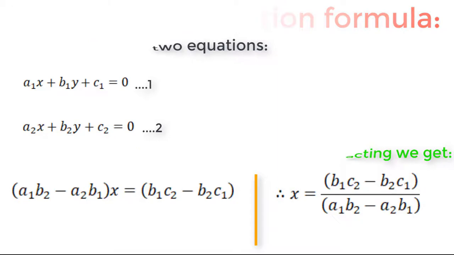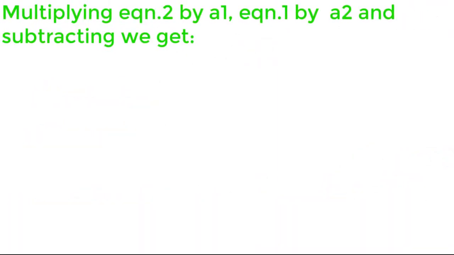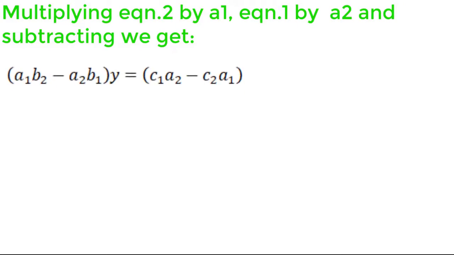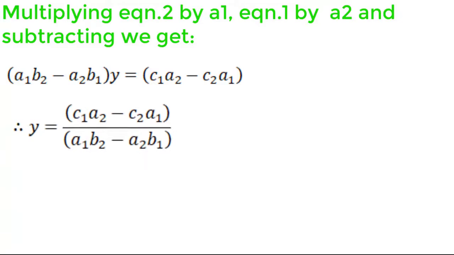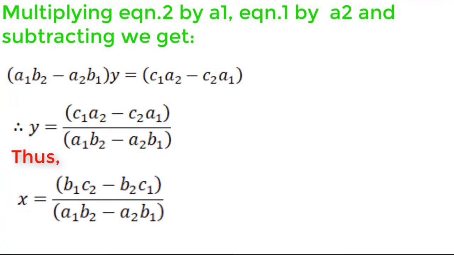Okay, now in the second step, for eliminating the x term we multiply equation 2 by a1 and equation 1 by a2, and similarly on subtracting we get a1b2 minus a2b1 into y equal to c1a2 minus c2a1.